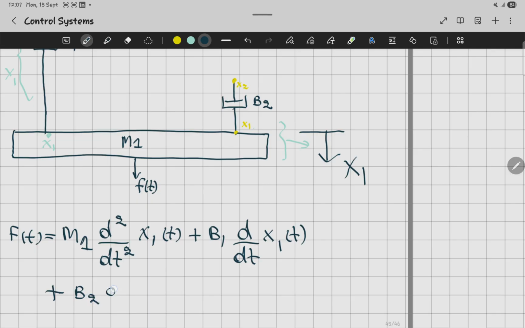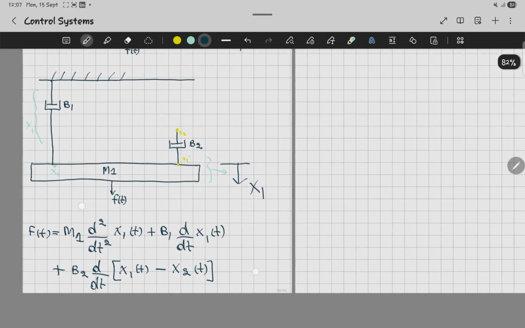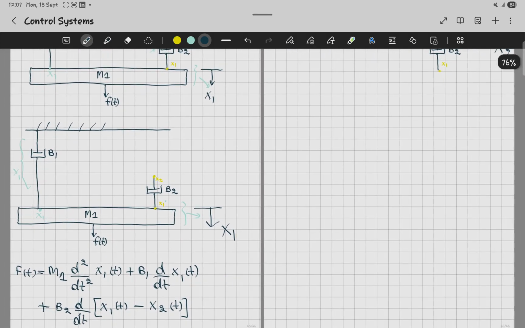Here there will be a change. You take the one close to the mass, the one with the higher priority, it's gonna be x1 minus x2. I like keeping the t inside, then you can see minus x2 of t. This is what you get for the first equation.